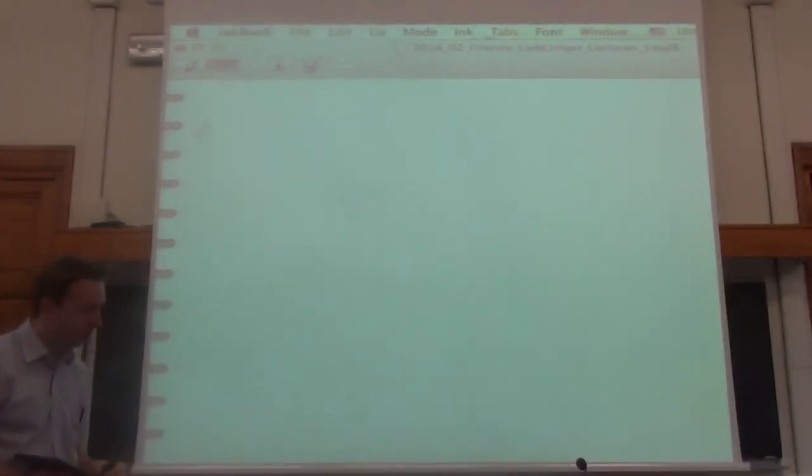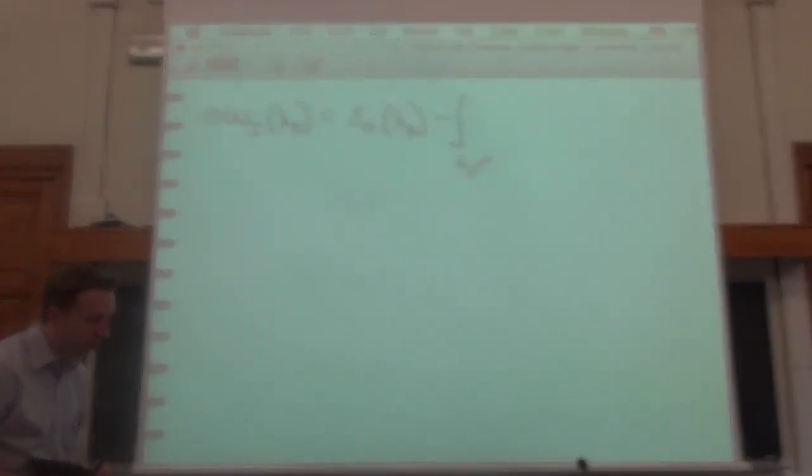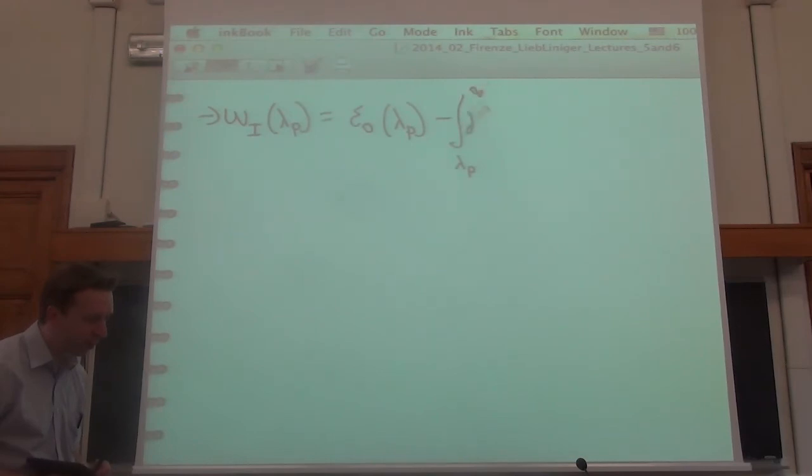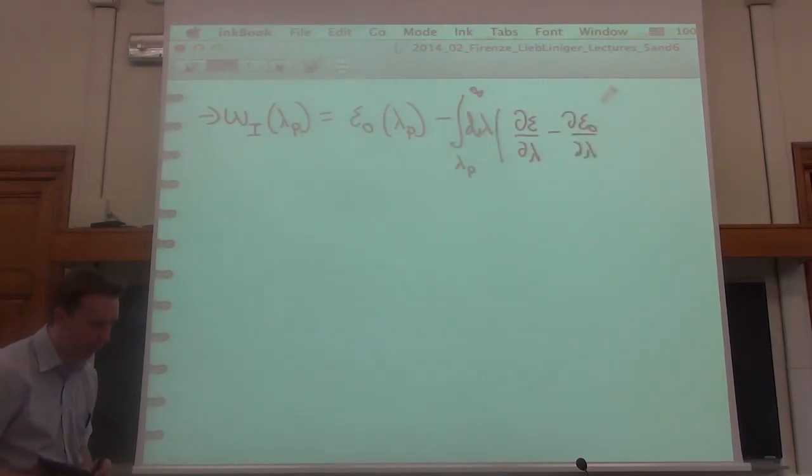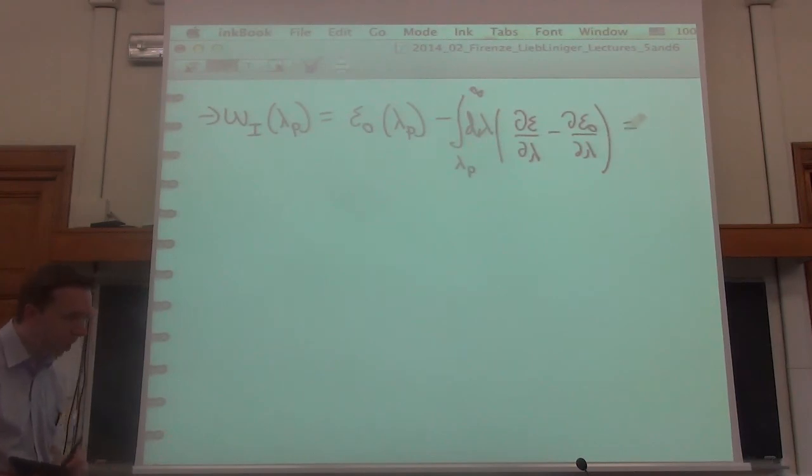And then what you get is that the dispersion, so the energy associated to a type 1 at lambda p, is equal to epsilon 0 of lambda p, minus the integral from lambda p to infinity d lambda of now, just using this equation, d epsilon d lambda minus d epsilon 0 d lambda. Okay, so that's kind of magical, because it just becomes epsilon of lambda p.